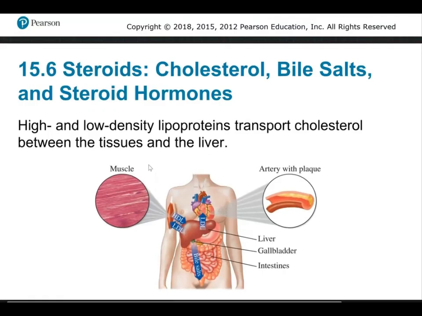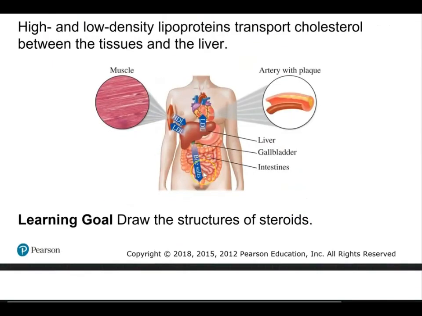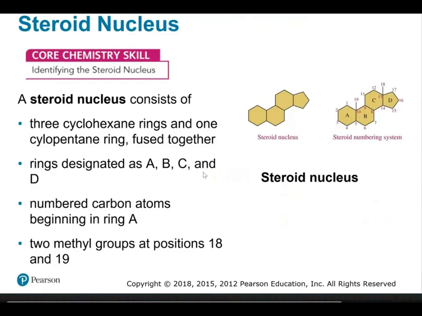Now we're going to switch gears and talk about structurally very different molecules, the steroids, okay, which pretty much all are produced from cholesterol in the liver and other organs that we're talking about, the hormones. So steroids all contain the steroid nucleus.